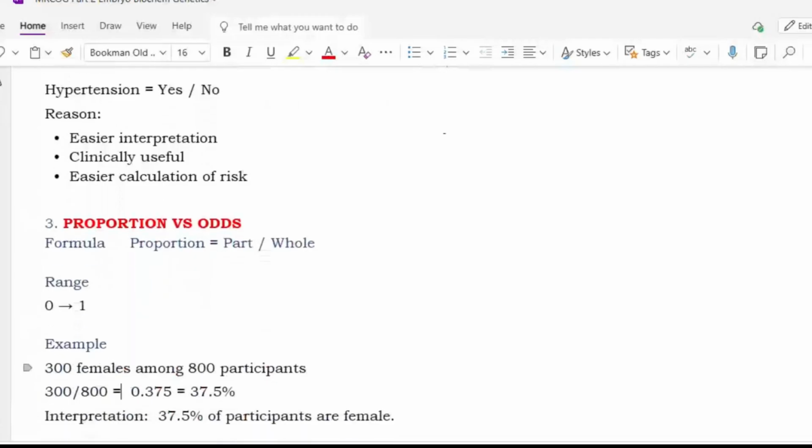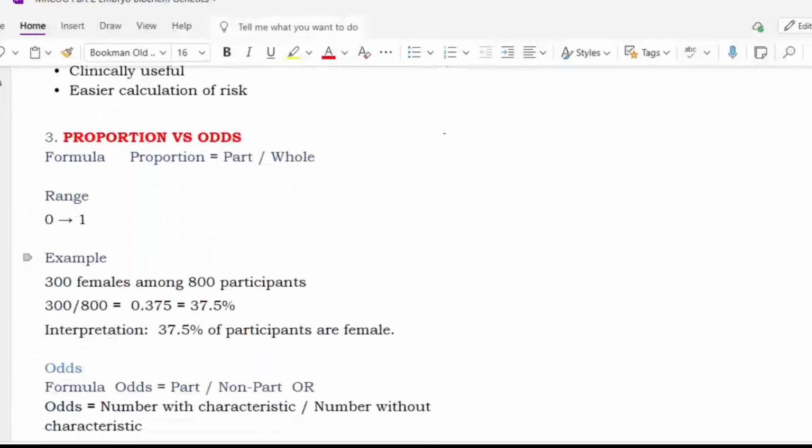Now, two important concepts we have to understand: proportion and the odds. Again, this is very important. You should understand these concepts: proportion versus odds. First we'll talk about the proportion. Proportion is a part of the whole, either the population or the whole sample. The range of the proportion is 0 to 1.